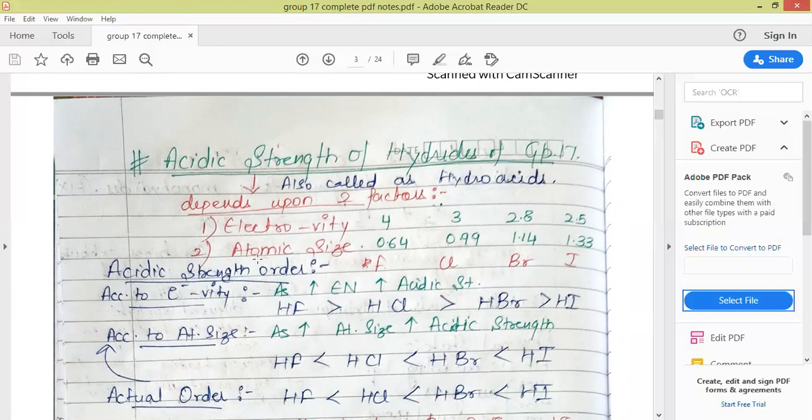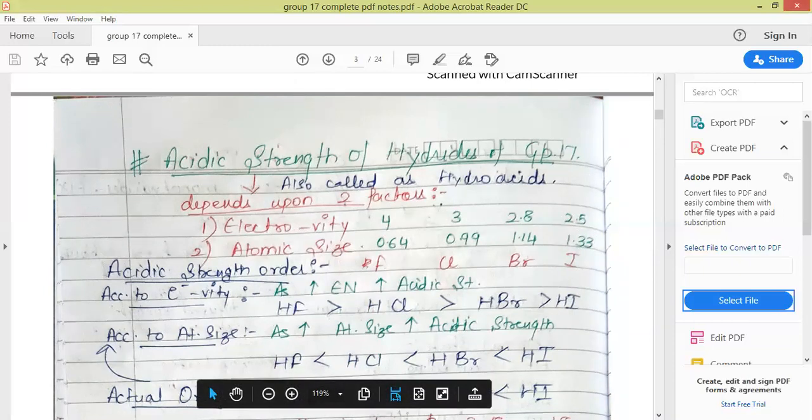As we can see, electronegativity is decreasing as we move down the group from fluorine to iodine. It is decreasing from 4 to 2.5. 4 is for fluorine and 2.5 is for iodine. Atomic size is increasing from 0.64 angstrom to 1.33 angstrom.